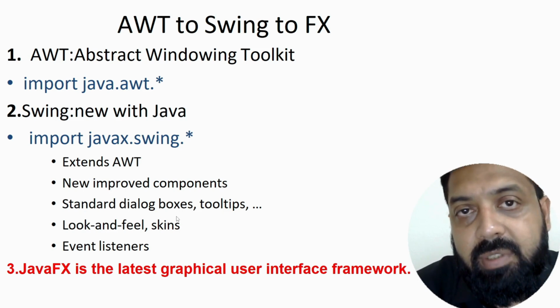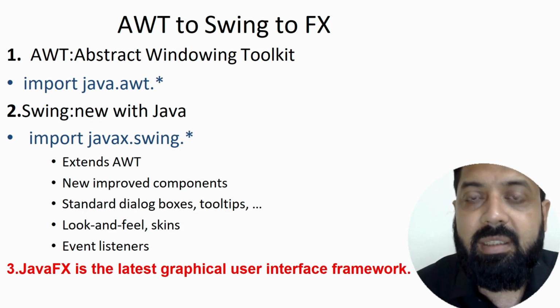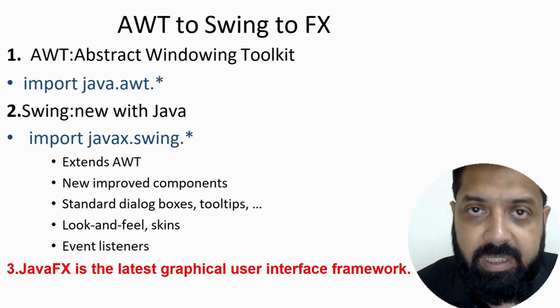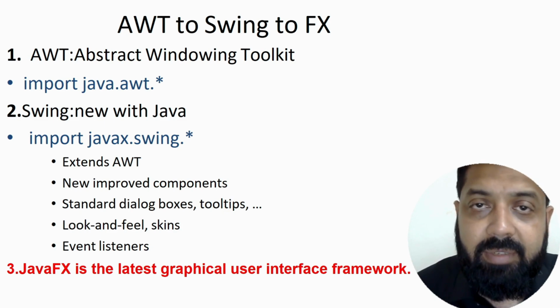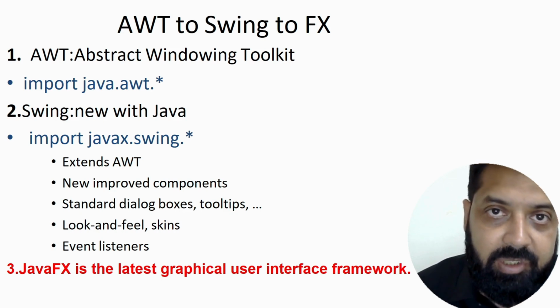Furthermore, Java Swing libraries have event listeners. For example, you can use different event listeners for mouse and for keyboard handling. These event listeners create different effects in your GUI application.